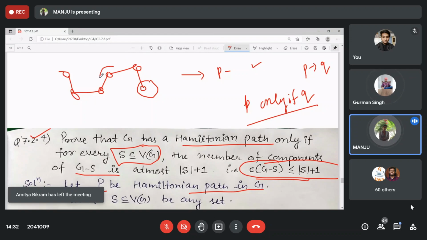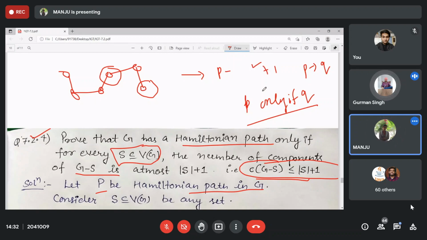And if I delete a middle vertex, the number of components increases by 1. So at most it is increased by 1, right? So now successively you can delete any number of vertices, this one, or any these two, right?